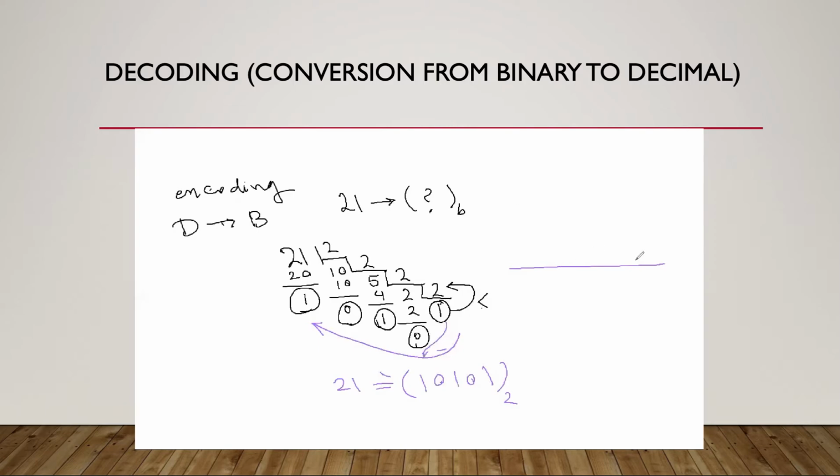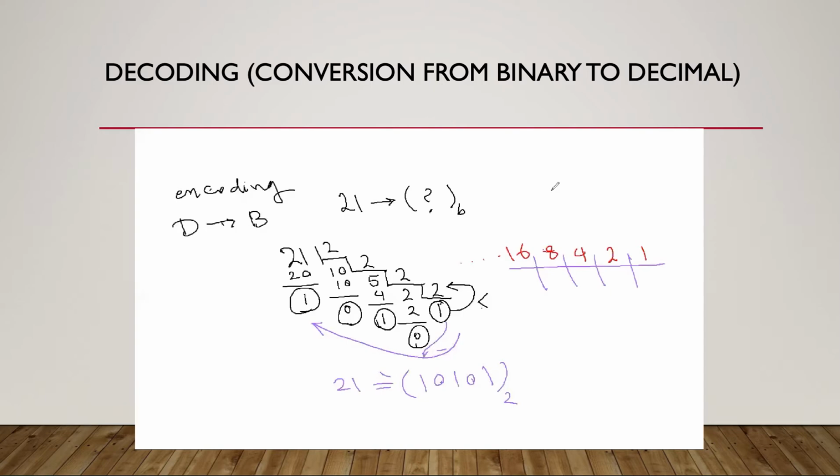I can have a table, and then here I can have 1. I would double it, 2. I would double it, 4. I would double it, 8. I would double it to 16, and I can continue. That depends on the number.